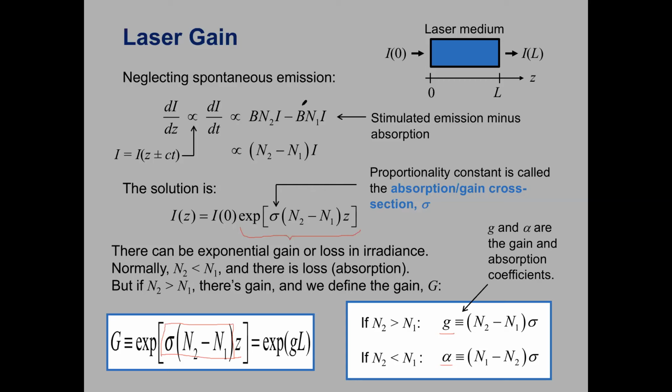So we can see, just using some proportionality relationships and some fairly simple models for absorption and emission, that we can get a fairly straightforward definition of how much the light is being amplified if we can set this up properly.